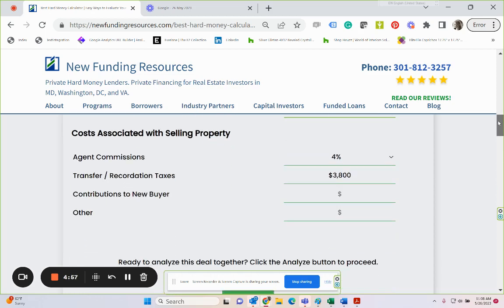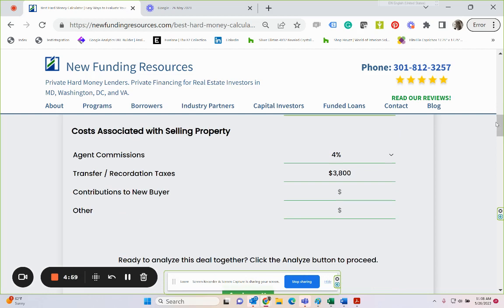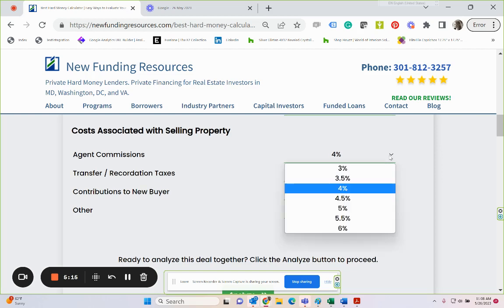Which brings us to the next section, costs associated with selling the property. First of all, as a seller, you would be paying for both the listing agent and the buyer's agent. So let's say you're going to negotiate, and between the two of them, you're going to pay 2% to one, 2% to another one, so 4%.